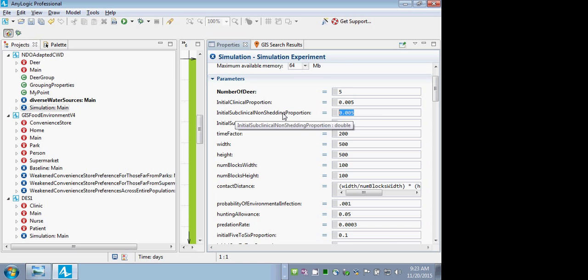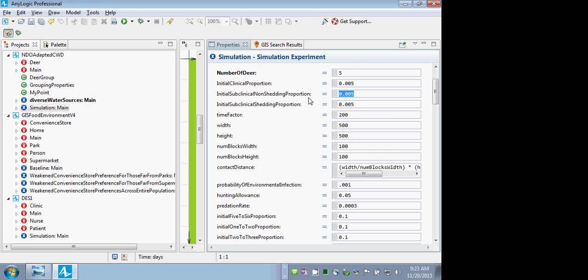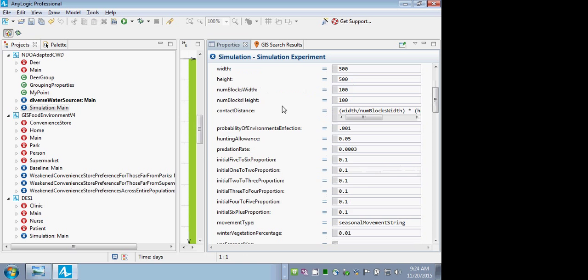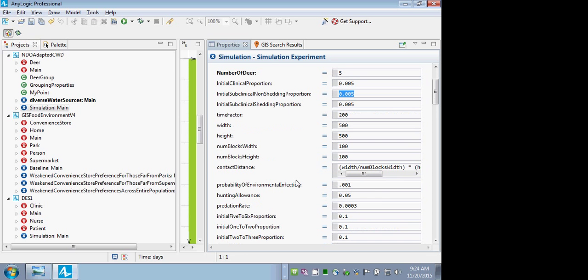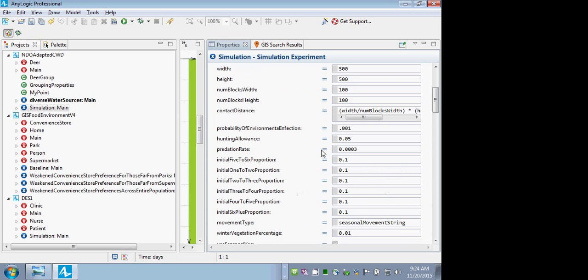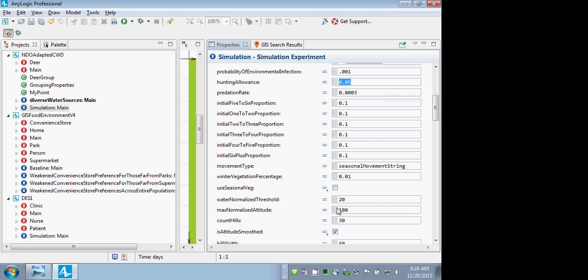Then the hunting allowance allowed for deer, etc. So these are assumptions captured in the form of parameters. Each of these is a parameter in main. That's why we can specify them in the experiment. And in that other experiment we were looking at, a subset of them are set by these slider bars.